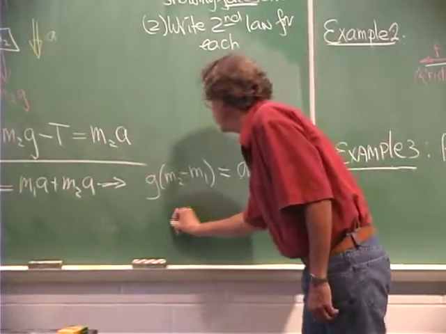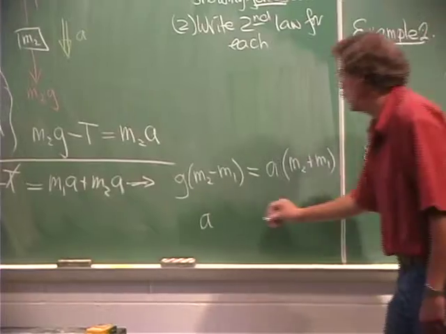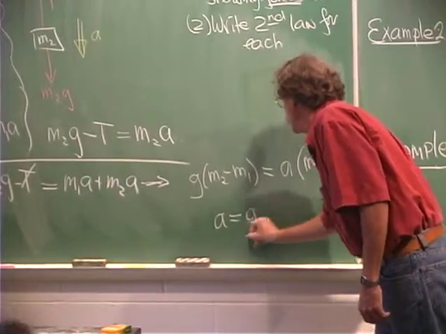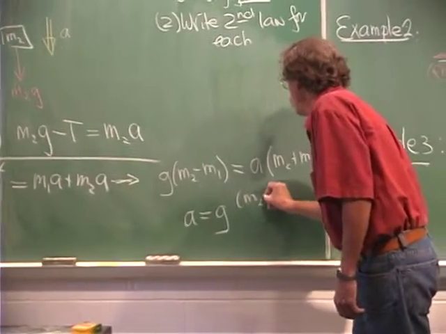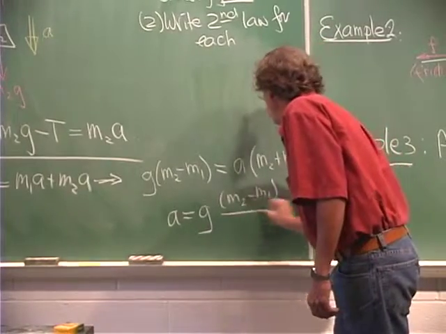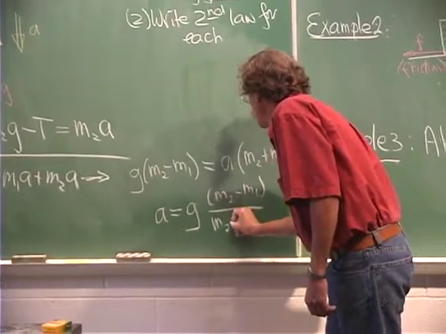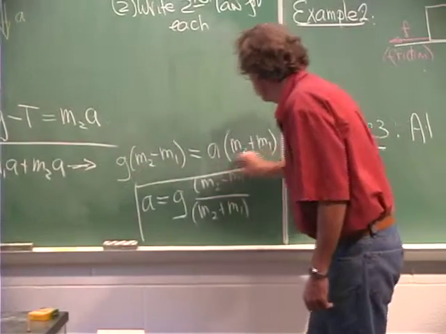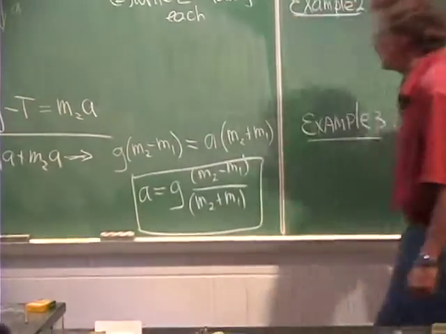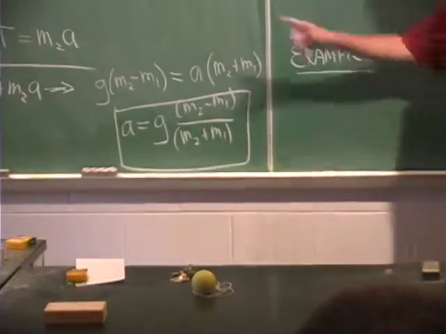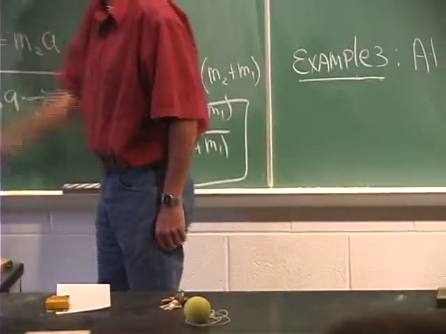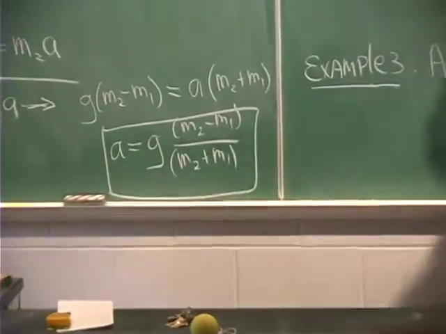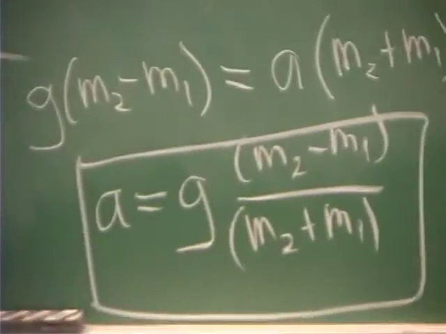And therefore A, dividing through by the factor here, is equal to G times M2 minus M1 over M2 plus M1. Did both masses come into the final answer? Well, of course they did. But they didn't come in at the level of writing Newton's second law for each piece separately.